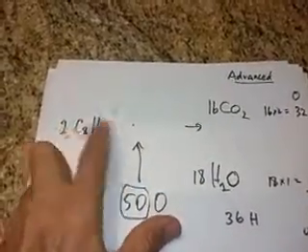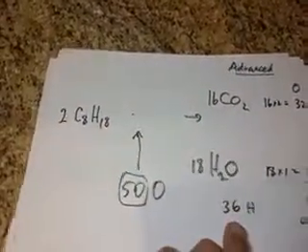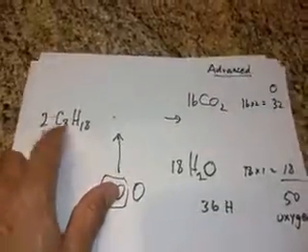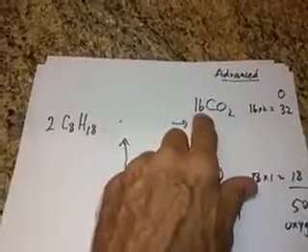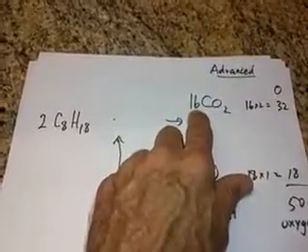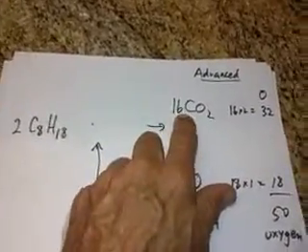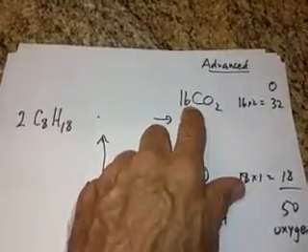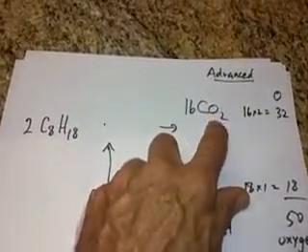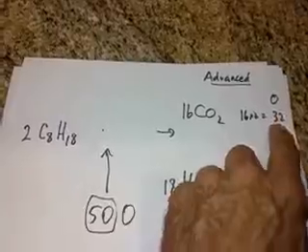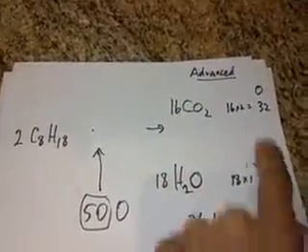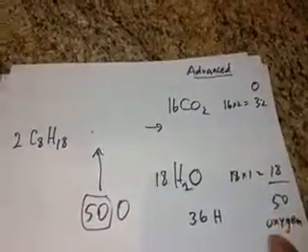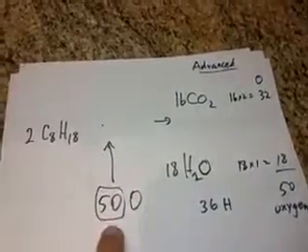Look at that. 2 times 18 makes 36 H's. 2 times 8 carbons gives me 16 carbons. 16 carbon dioxides too. So 16 times the O2 gives me 32 O's that I need. And I've got 18 times 1, which is another 18. Add those two. We need 50 oxygens on this side.